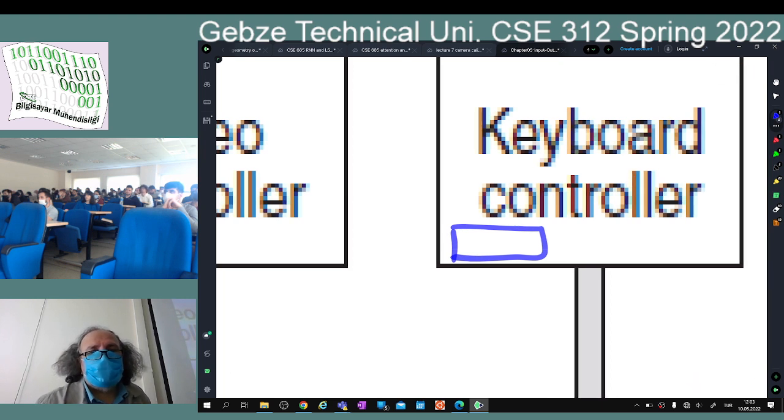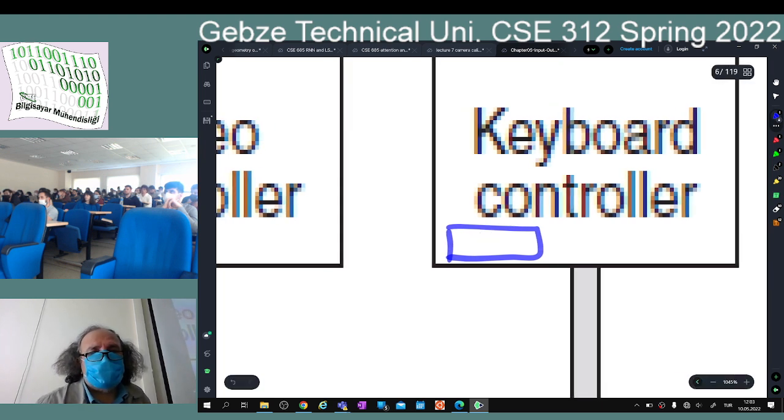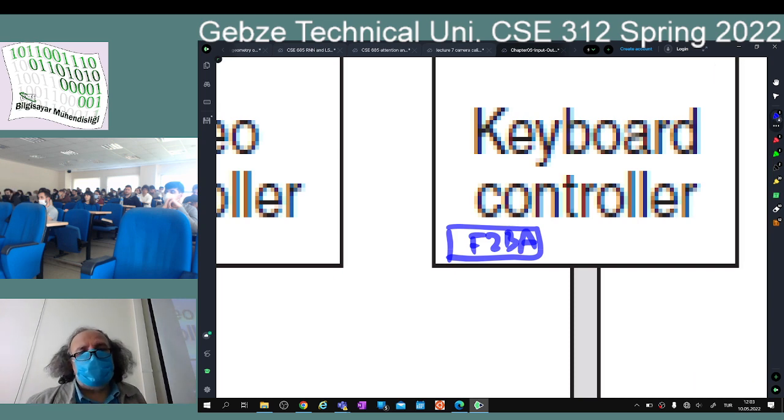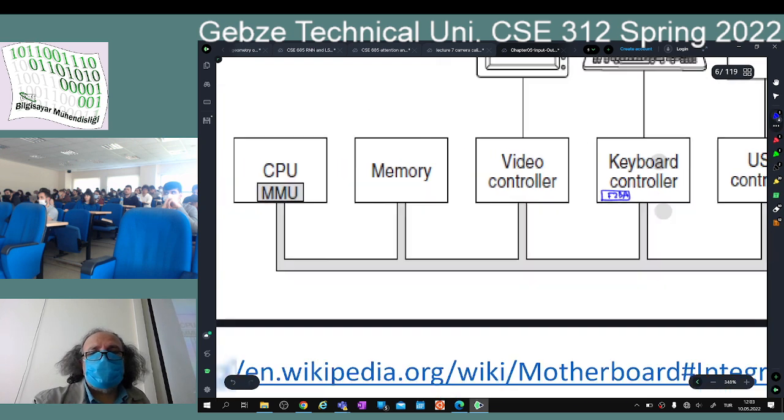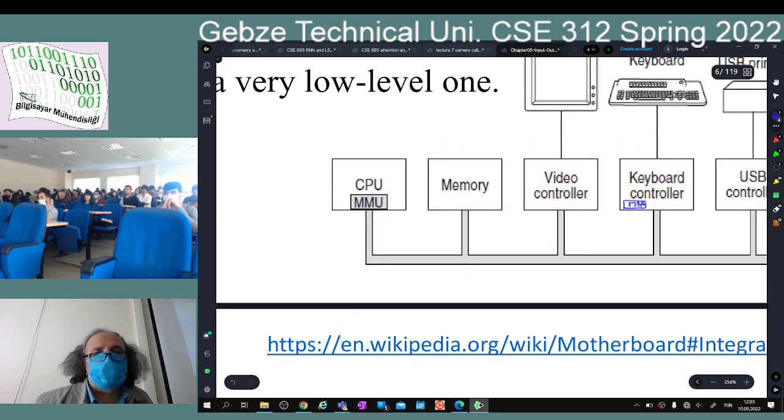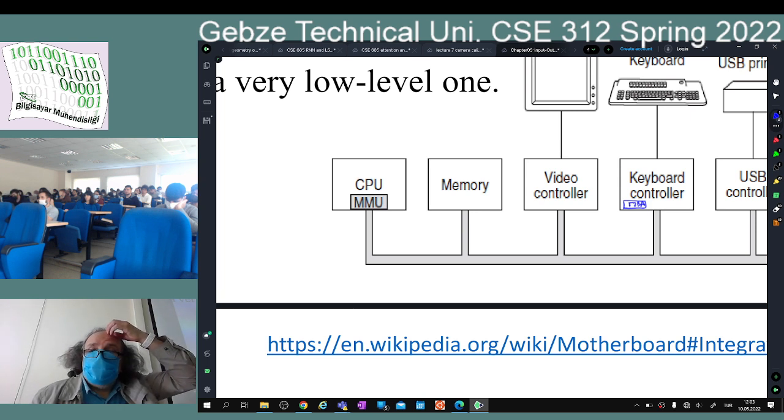Say this special register holds F2BA. When I read this register from the CPU, I know that somebody is doing something with the keyboard, and that is how I read the keyboard character.